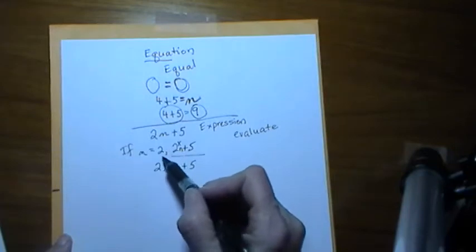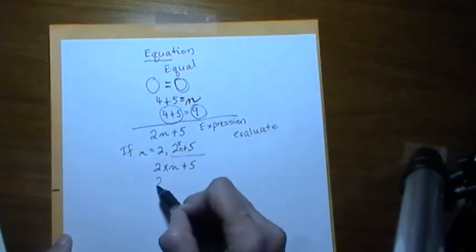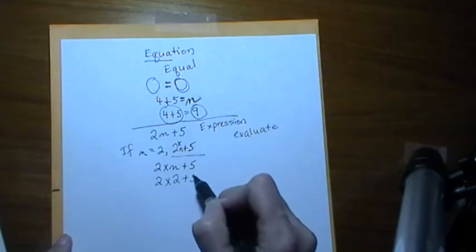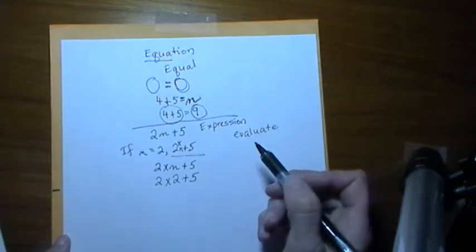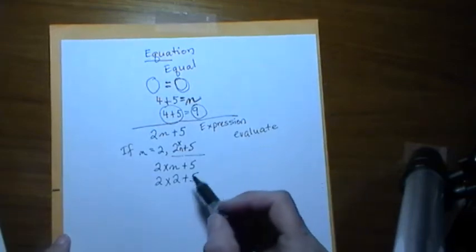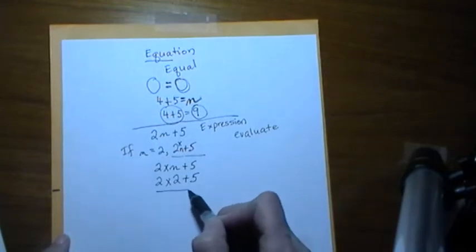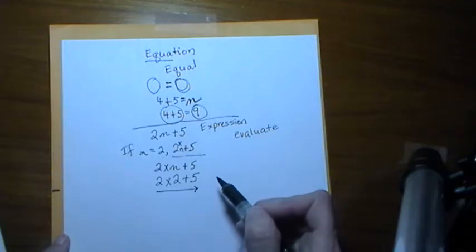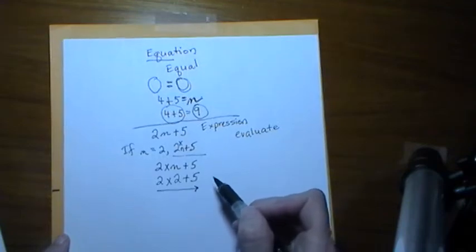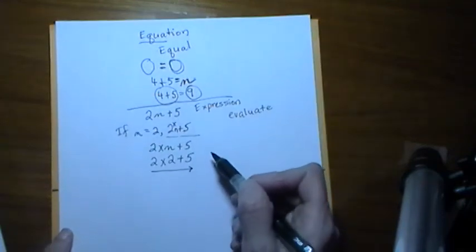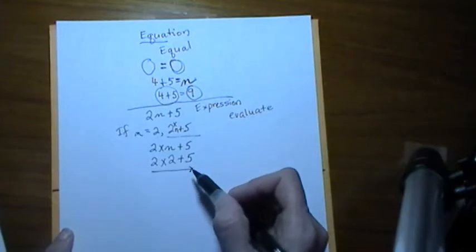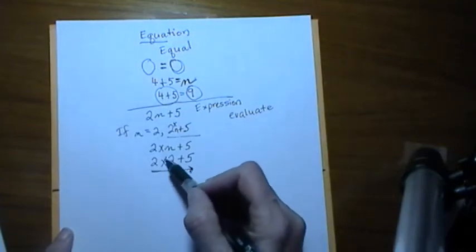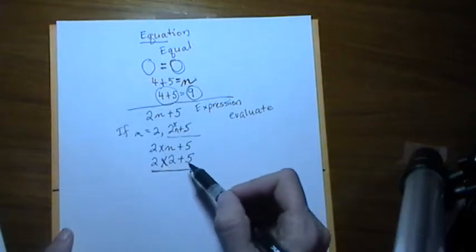Now, if n equals 2, we'll write 2 times 2 plus 5. And the order of operations tells us to read from left to right and to do what's in parentheses first. Well, there are no parentheses. So the next thing we do is we read again from left to right looking for multiplication or division.